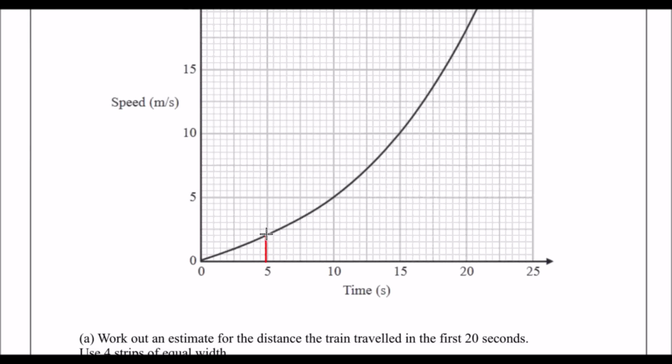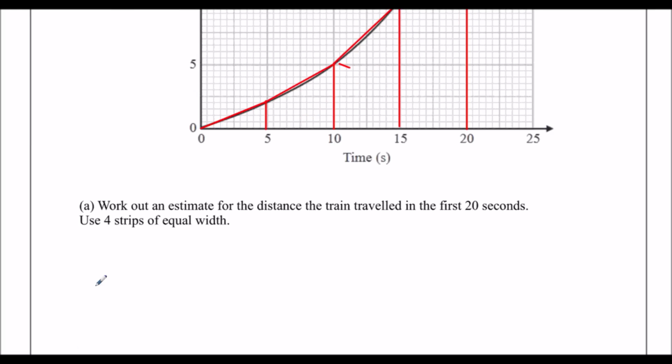So we're going to have this triangle, then 3 trapeziums. 1, 2, 3. So we have area of a triangle, which is half the base times the height.